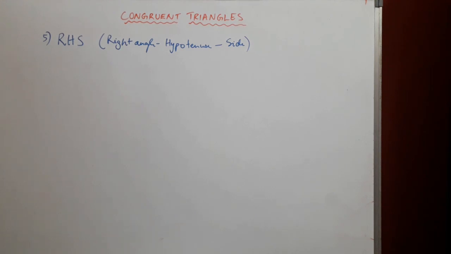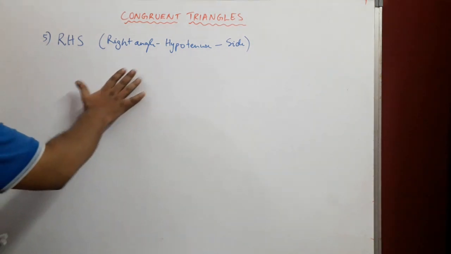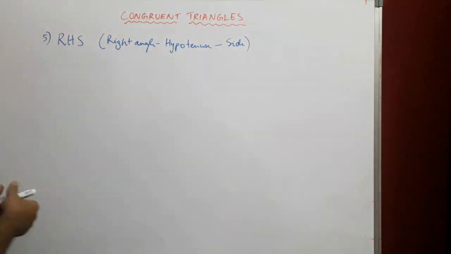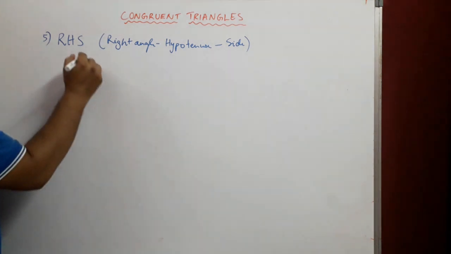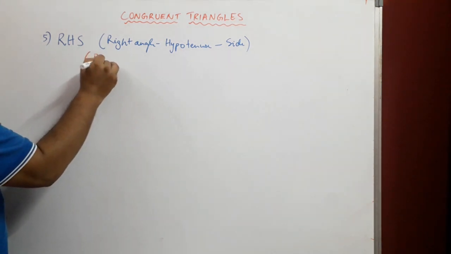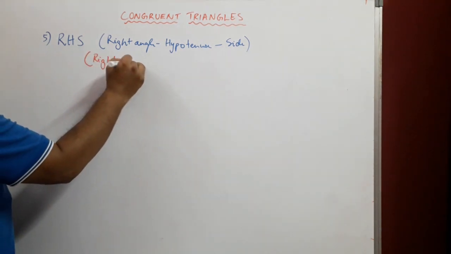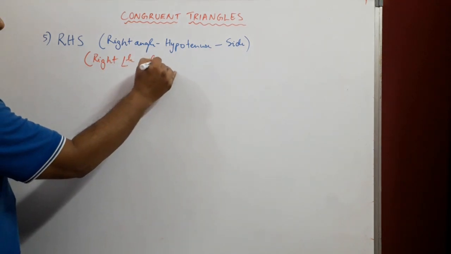The last way to find out if two triangles are congruent is the RHS congruence rule. RHS stands for right angle, hypotenuse, side, and this RHS applies only for right angle triangles.